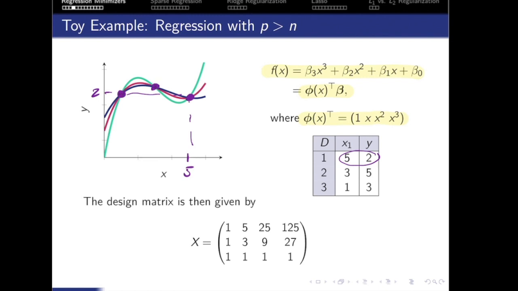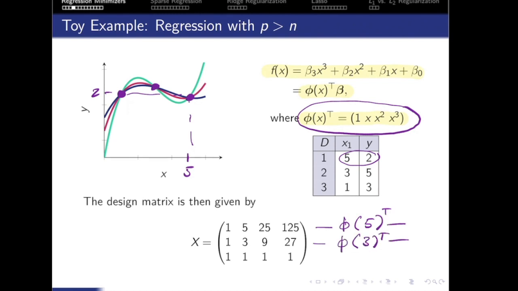And then the next step in regression was to define our design matrix. And the design matrix had these vectors here, phi from x transposed, as the rows. So for every point we apply here our phi to our feature. So here the first feature is 5, and this row is here phi from 5 transposed, and the last row is phi from 1 transposed.